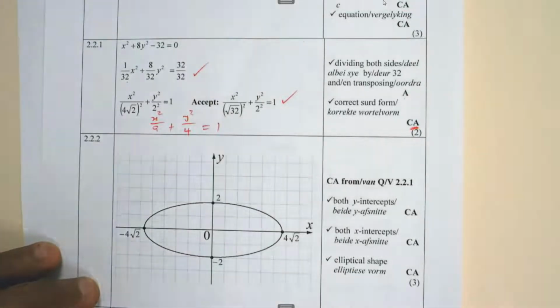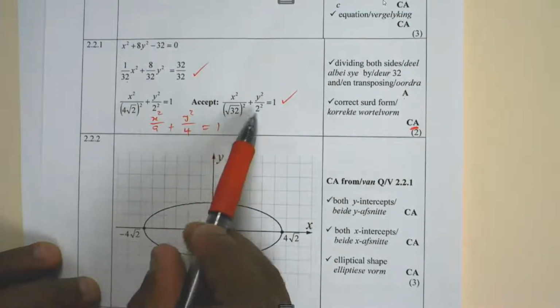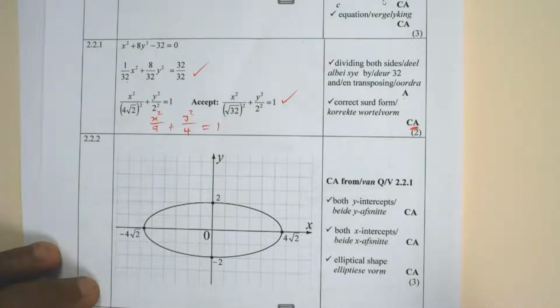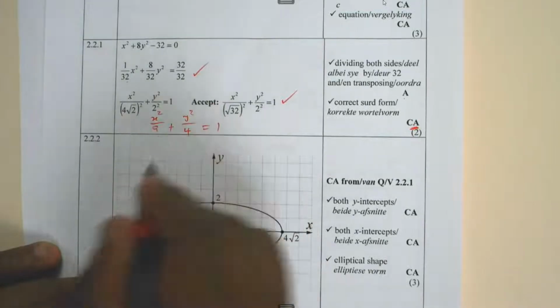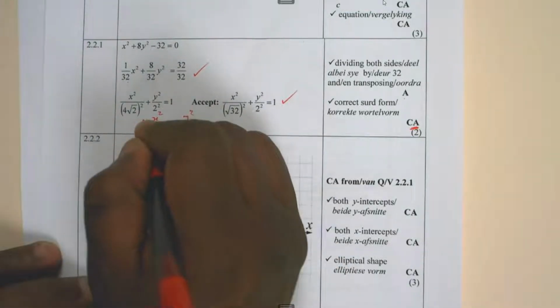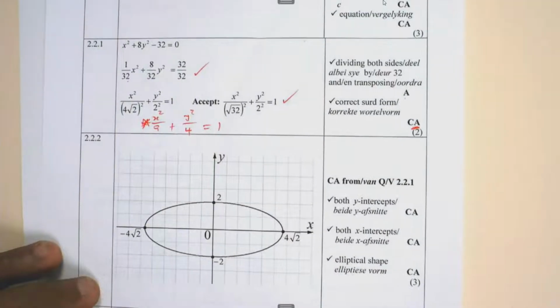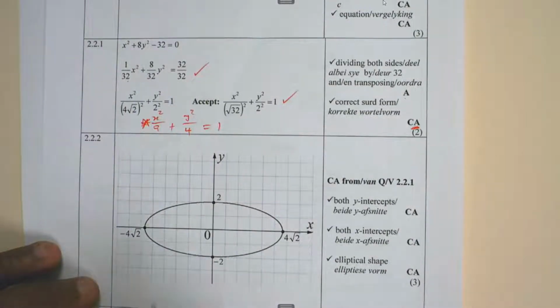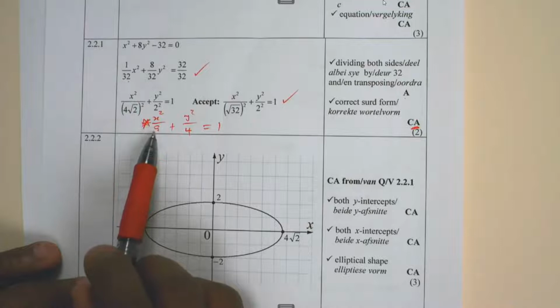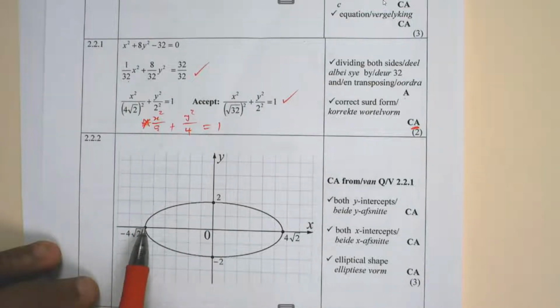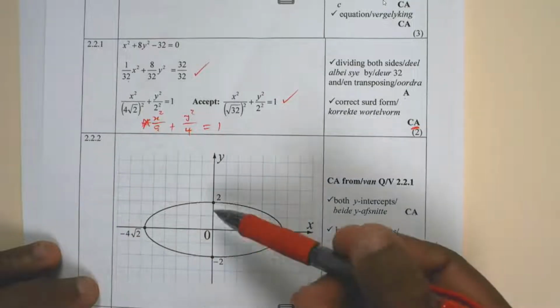I'm just making an example that the substitutions here are not correct. If a learner indicates this as a solution, it implies that you will have the x cards at -3 and 3, and the y cards at 2 and 2.